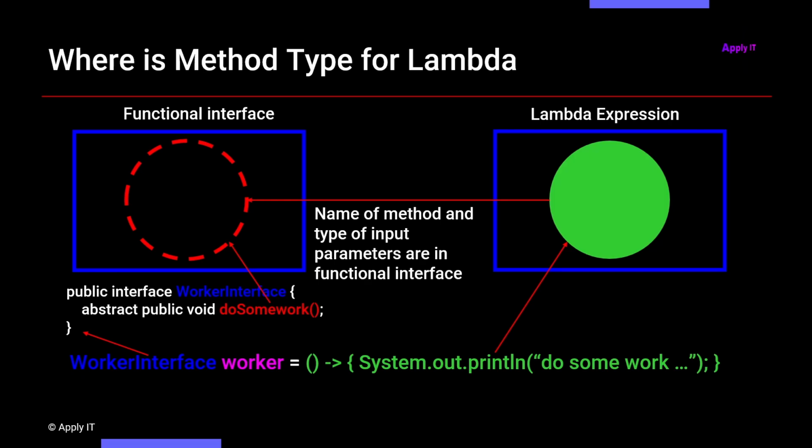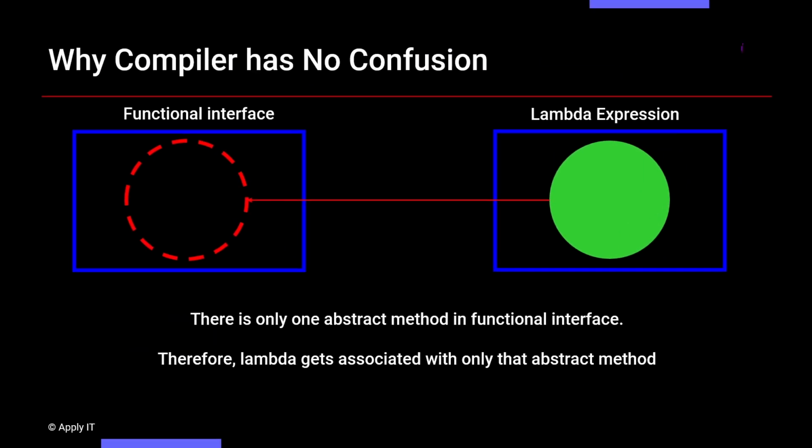Whenever we do this assignment, the compiler has to figure out which method this lambda expression is referring to. As we learned, a functional interface will have only one abstract method, so there is no confusion. Because there is only one abstract method in a functional interface, the lambda gets associated with only that one abstract method.